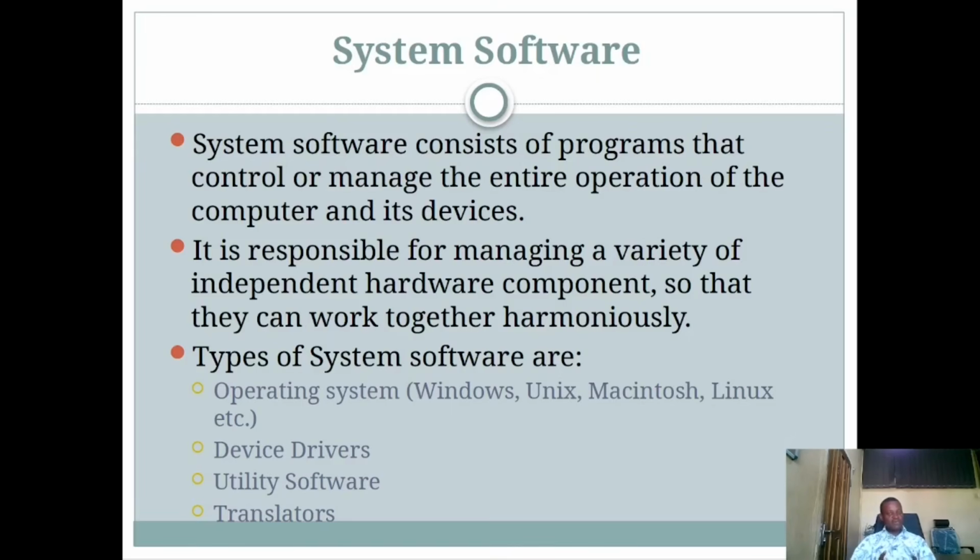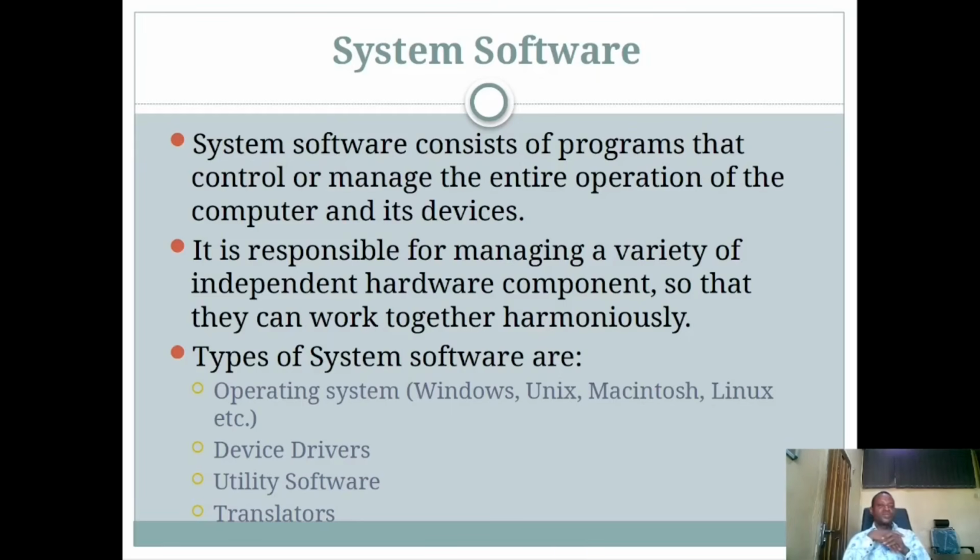So it's the system software that helps coordinate the activities of different components of the computer system to ensure that all of them work harmoniously. System software is responsible for managing a variety of independent hardware components so that they can work together seamlessly and harmoniously.